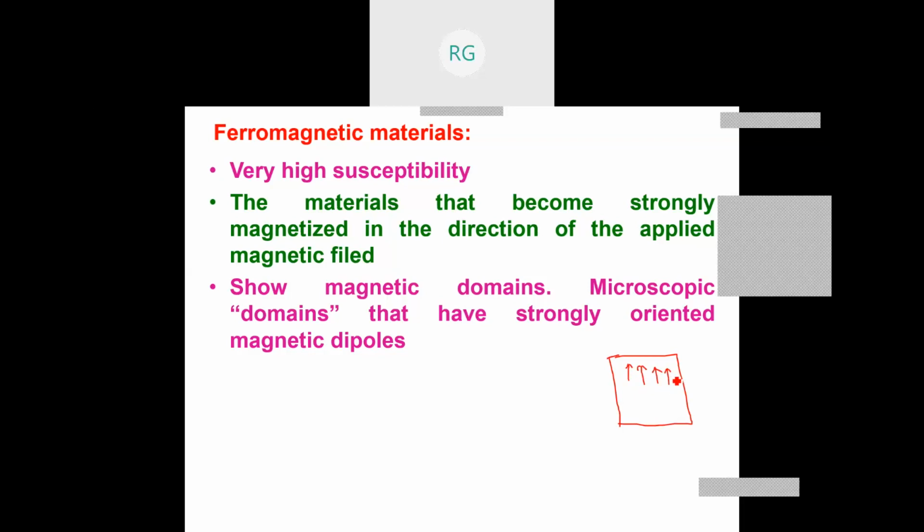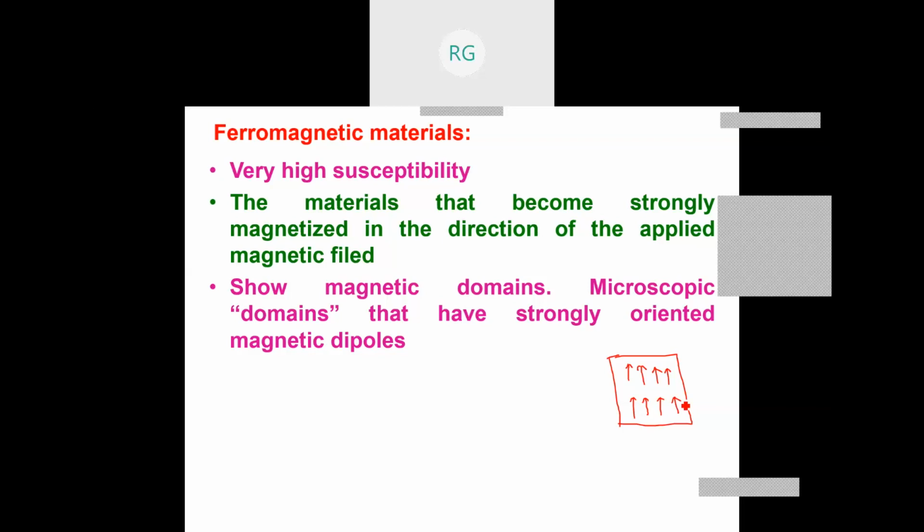But if in a given material like iron all of them were exactly oriented in the same direction, their spontaneous magnetization would be so high that even iron or cobalt or nickel should show magnetic properties and magnetism at room temperature also.